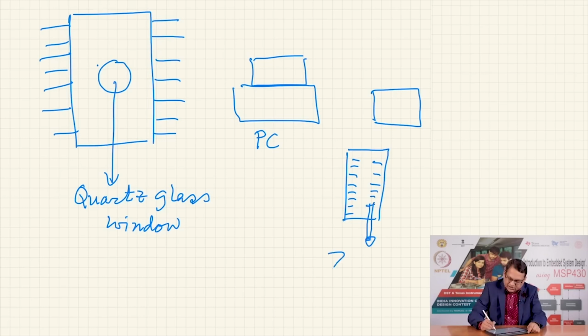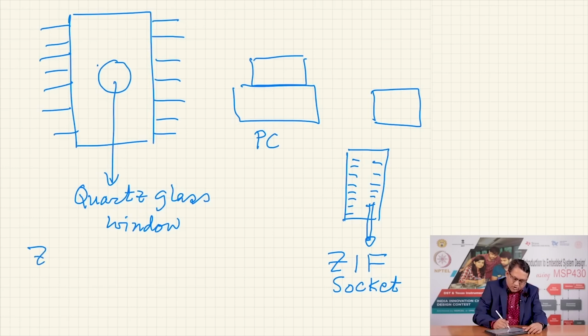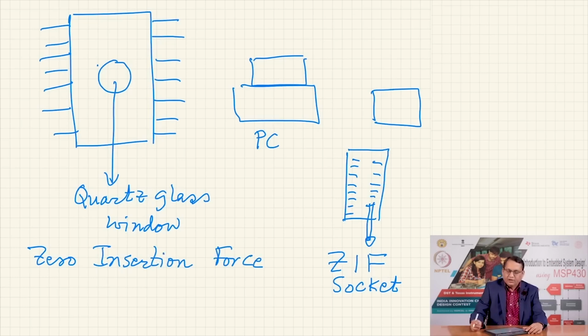This is still in use in test equipment. It is called a ZIF socket, and it stands for zero insertion force type of socket. Why? Because if you put a regular socket and you were to insert an integrated circuit in and out of it tens of times or 100 times a day, that socket will go bad.